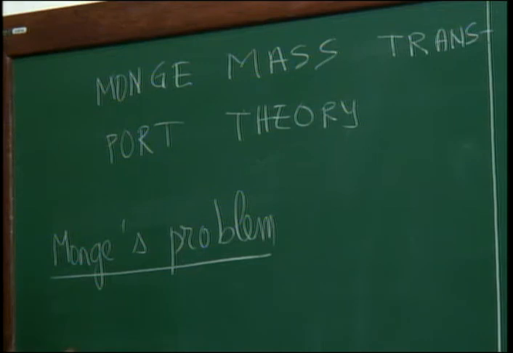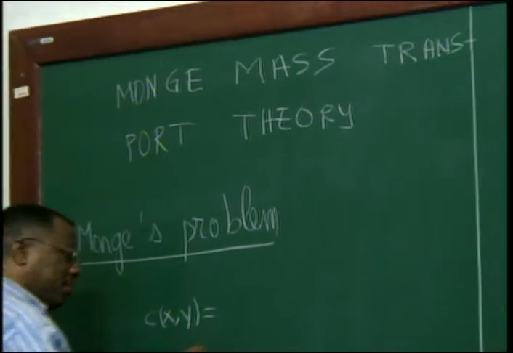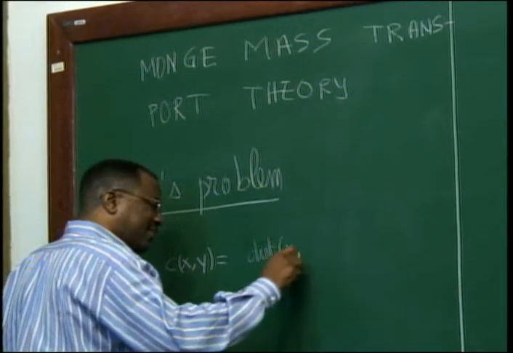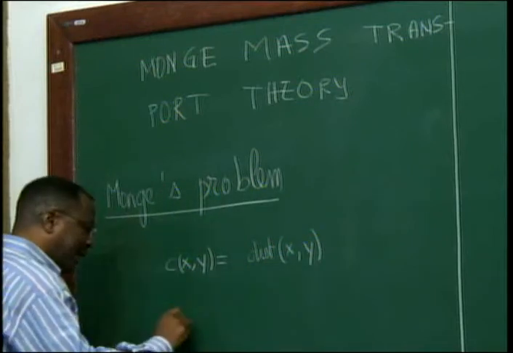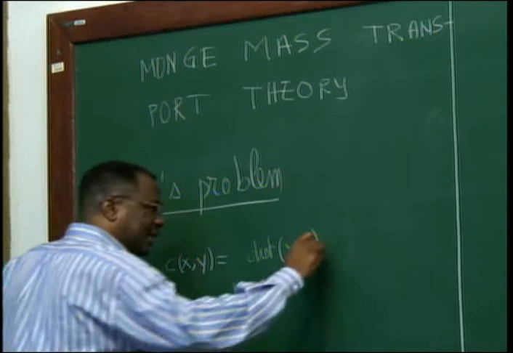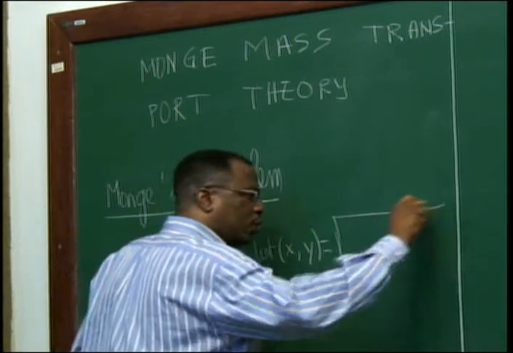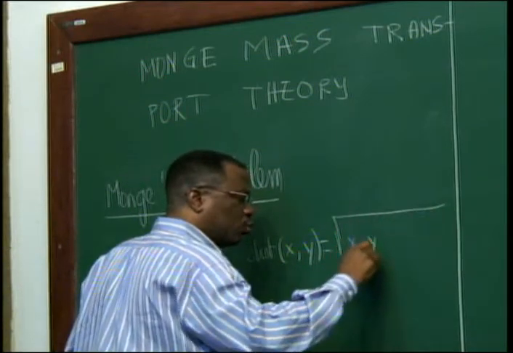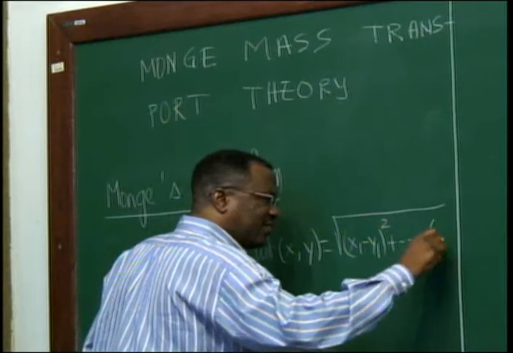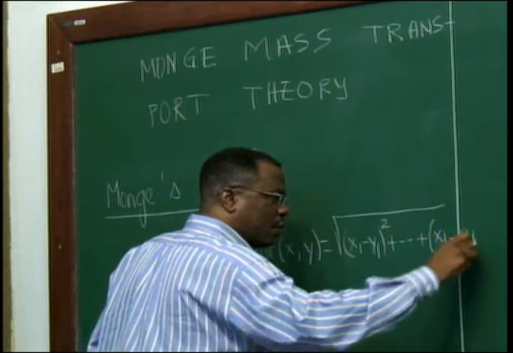So Monge started with the following. He assumed that c(x,y) is the distance between x and y, where x and y are in R^d. That is the square root of (x1 minus y1) squared plus ... plus (xd minus yd) squared.